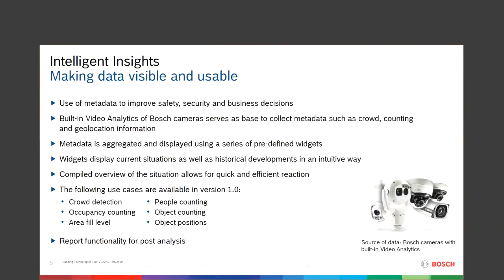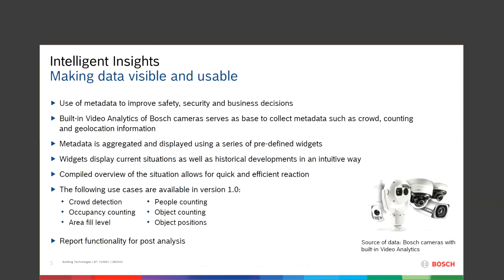Intelligent Insight allows us to aggregate the metadata coming from particular cameras and display it in some predefined widgets. In the next slides, you will learn more details about it. We can present the current situation, but also historical reports, so we can have an overview of the trends and how they were building up.